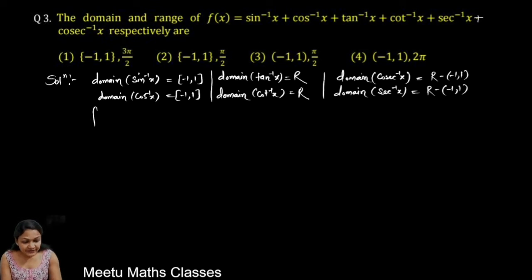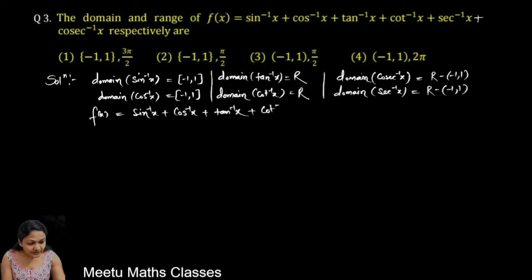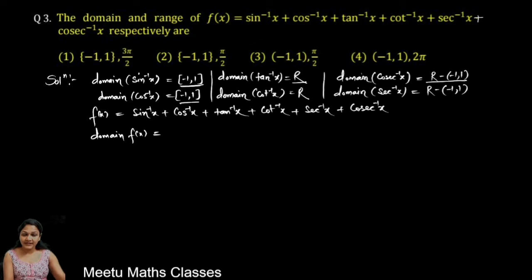Now, your f(x) is a composite function of all these 6 functions: cos inverse x plus tan inverse x plus cot inverse x plus sec inverse x plus cosec inverse x. Now, we know that the domain of a composite function is the intersection of the domains of all individual functions. So, the domain of f(x) is the intersection of all these: minus 1 to 1, R, and R minus (minus 1, 1).